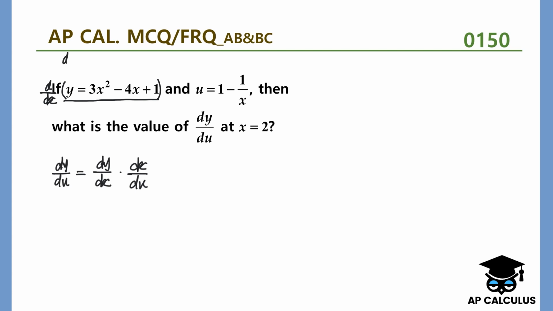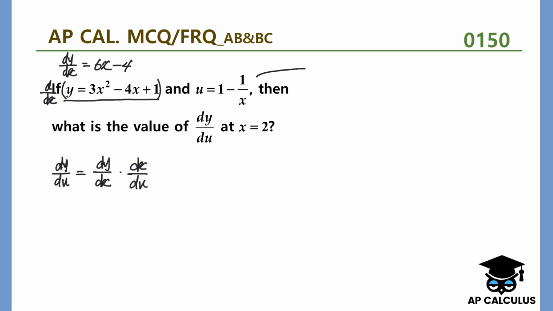So dy dx is equal to 6x minus 4, right? Here, we need dx over du, the derivative of x with respect to u. Here we have a u function in terms of x, so we're going to rewrite this function, x in terms of u.